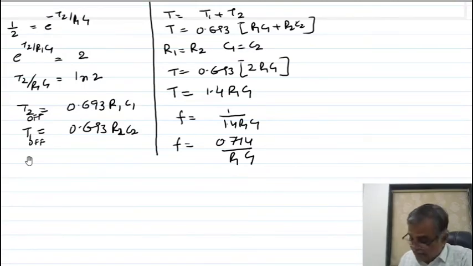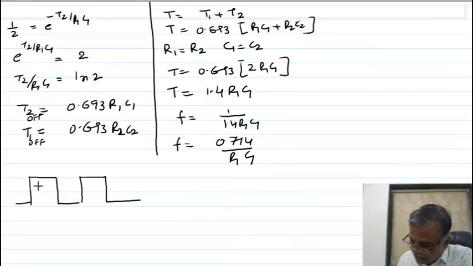Suppose someone says, sir, I want to get an asymmetrical output. What is symmetrical? This is called symmetrical. If T1 and T2 both are equal, it is called symmetrical.